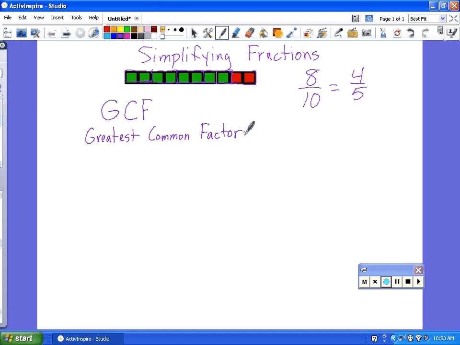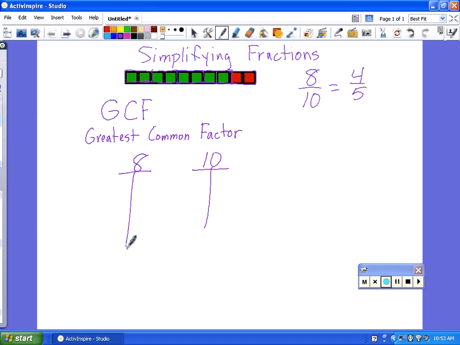So if we took the numerator 8 and the denominator 10 and found the factors of both of those, we could use that to help us simplify the fraction.